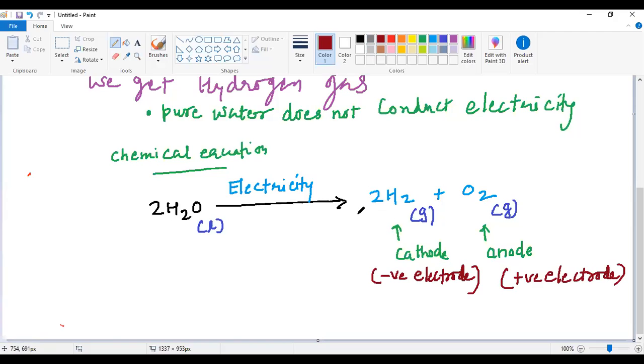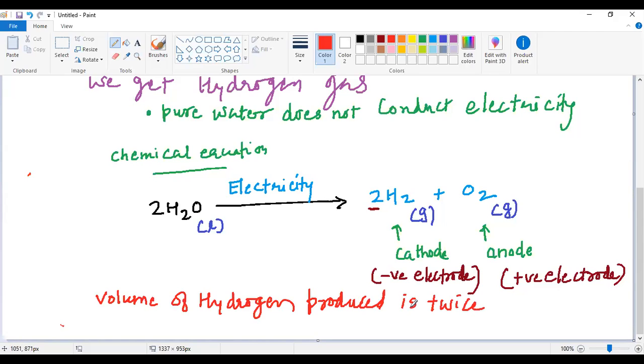Now, if you observe here, we get 2 molecules of hydrogen, whereas 1 molecule of oxygen. So during this process, the volume of hydrogen produced is twice the volume of oxygen produced.